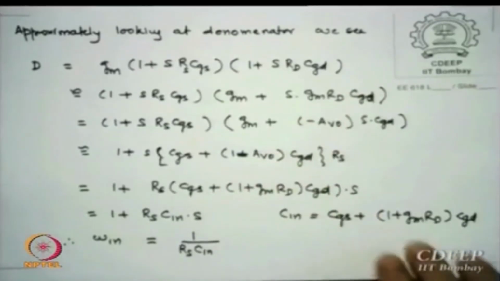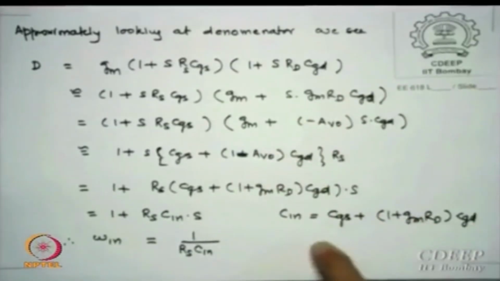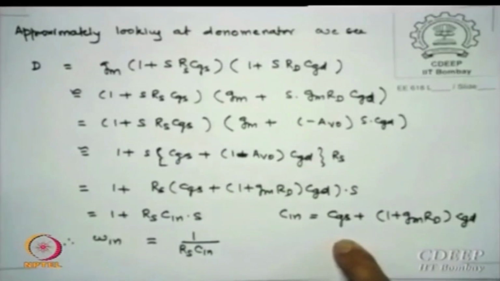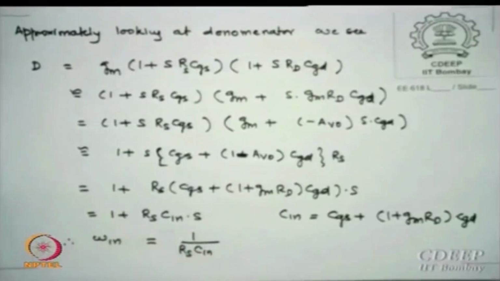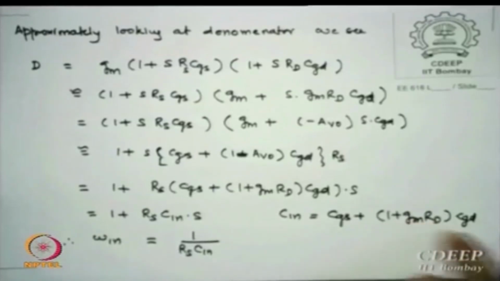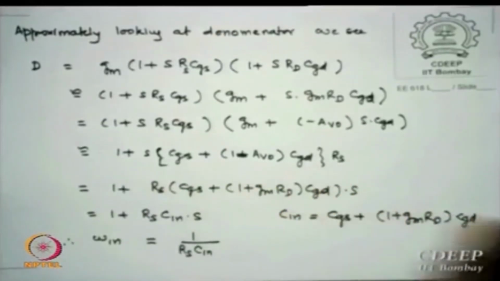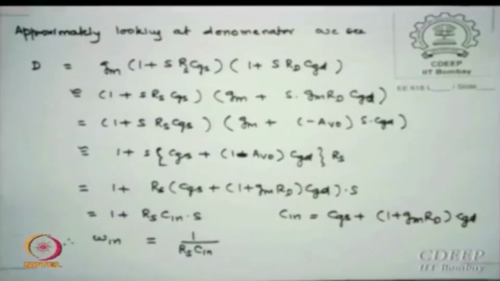So in which case this term may start dominating this term. Is that clear? And therefore the input pole frequency becomes smaller and smaller as the gain is larger or the coupling is larger. If the frequency falls, what does that mean? That the cutoff point is shifting to a lower frequency.